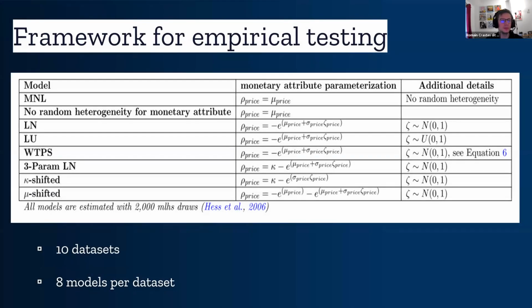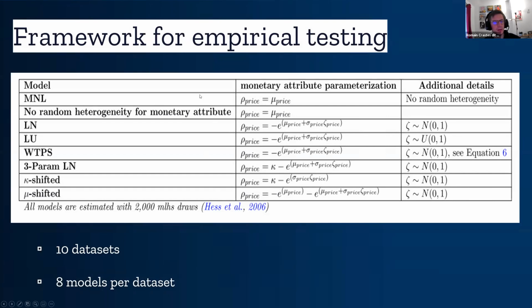So how are we going to show that this is useful for choice modeling? We are going to compare the three proposed shifted distributions, so the three parameters log normal, the kappa shifted and the mu shifted, to all the other standard approaches we have mentioned already.